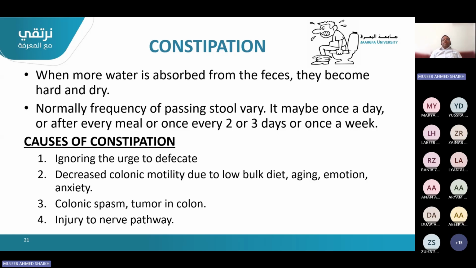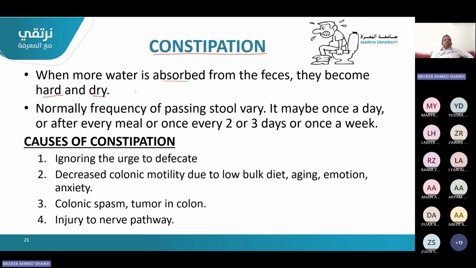Something related to defecation is called constipation. Maybe you have heard this term very frequently, but we will discuss it. What is the physiology of constipation? When more water than normal is absorbed from the feces, because if the feces remain for a long time in the large intestine, water will keep on being absorbed and the feces will become very hard, dry and hard like clay.